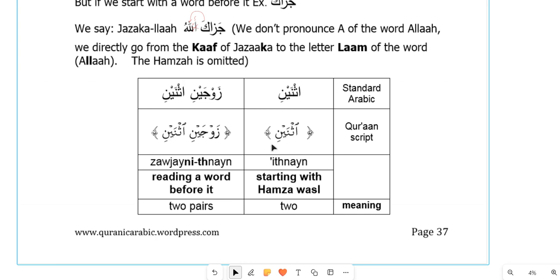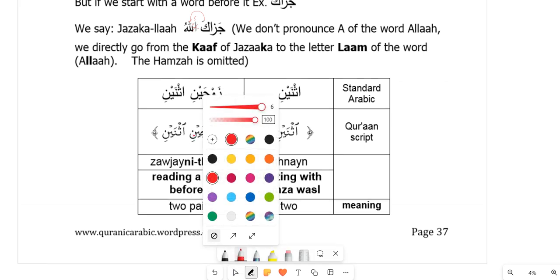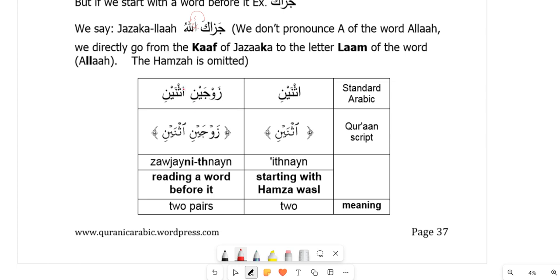And when it comes in between two words, zawjayn ithnayn. Where did the sound of hamza go? It is completely omitted here. Zawjayn is straight from noon kasra to tha sukoon. I have completely omitted the sound of hamza. This is the second rule, and this is the first rule.